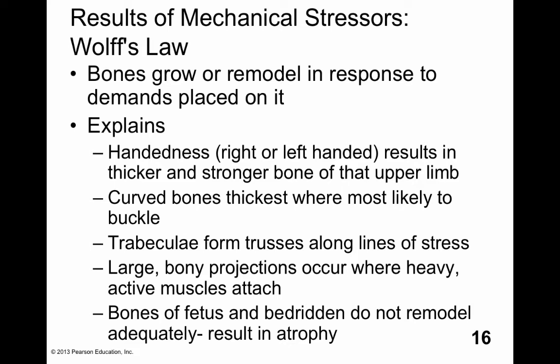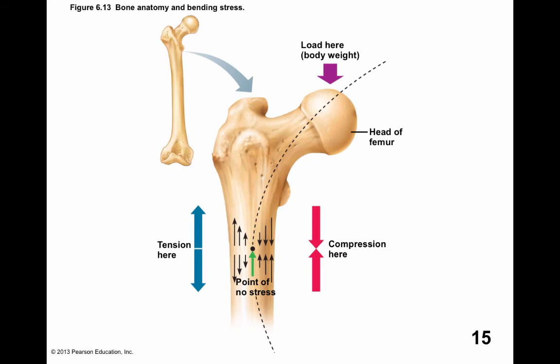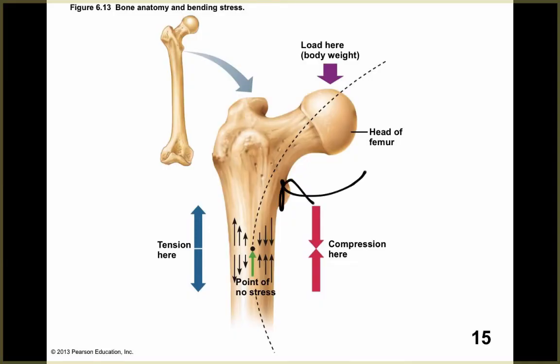Curved bones are thickest where they're most likely to buckle. So you can come back and look at this femur area. Up here, it's extremely thick on this side, where it looks like it's going to be more likely to buckle or break.